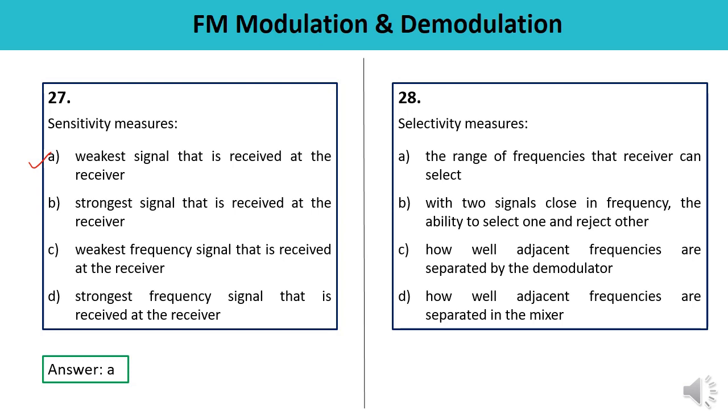Next question, selectivity measures. Selectivity means the range of frequencies that receiver can select. It means you have to pick the option A as a correct one. Sensitivity, selectivity, these are two very important terms. You must remember it.